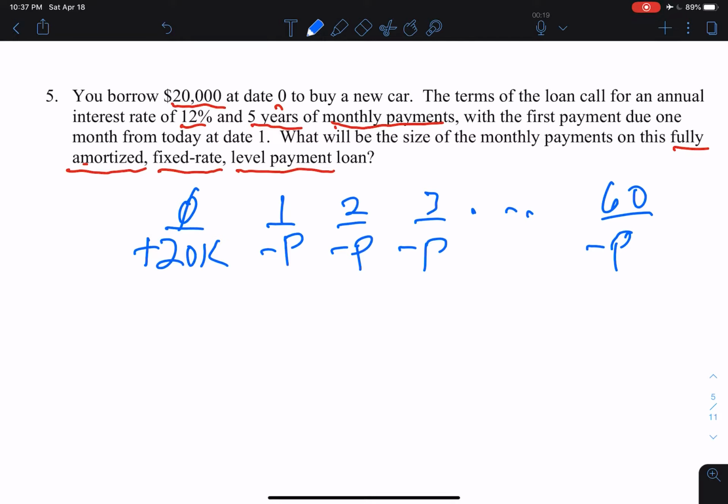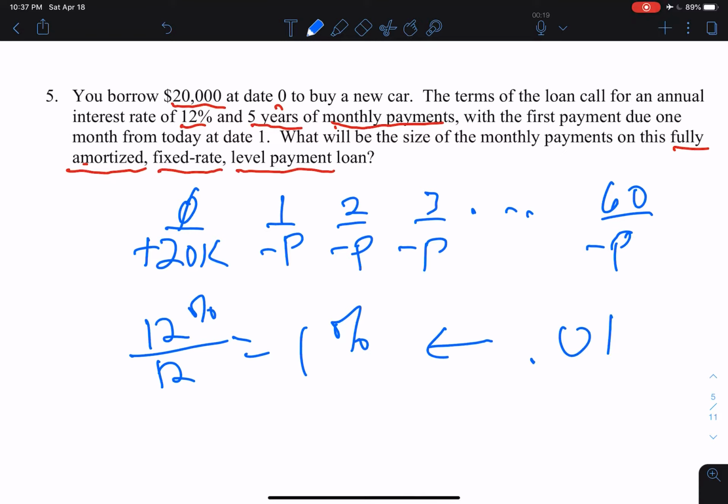It's also true that since the interest rate is 12%, a stated annual rate, we have to divide that by 12 to get 1% as our monthly rate. So for us, the appropriate value of R will be 1% or 0.01 in our analysis.